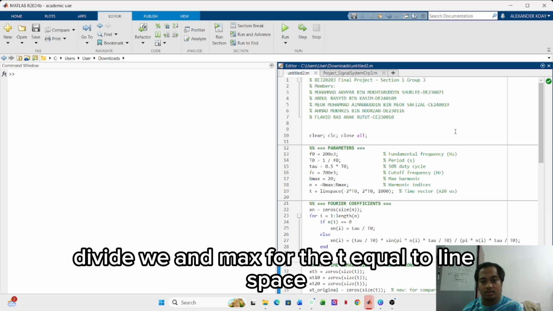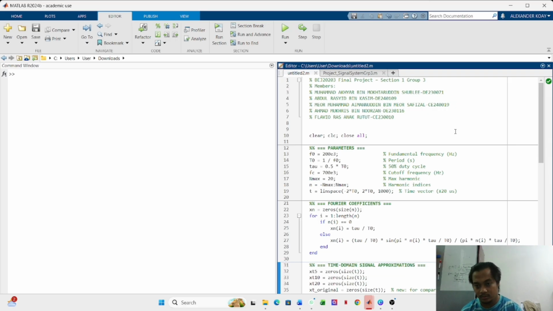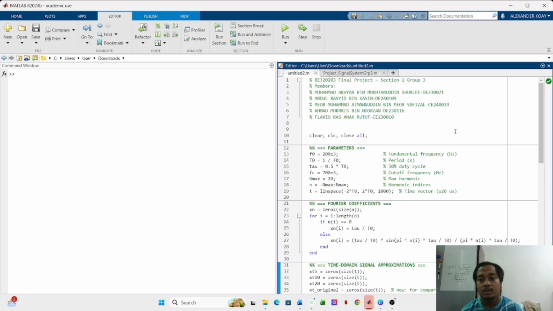For the time vector, t is linspace from negative 2 times T0 to 2 times T0, over 1000 points.